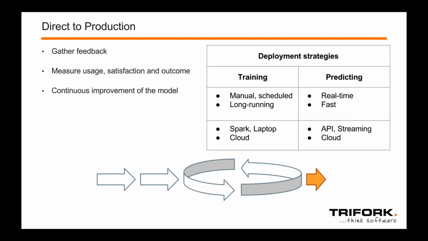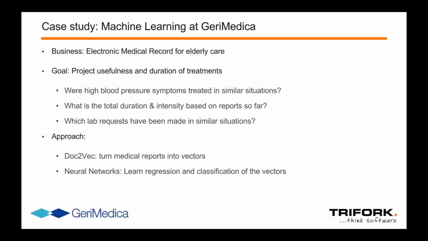And on the predicting side, you would typically build an API, and it may be a streaming data service, definitely on something that's either cloud or, if your data requires it, on-premise servers.